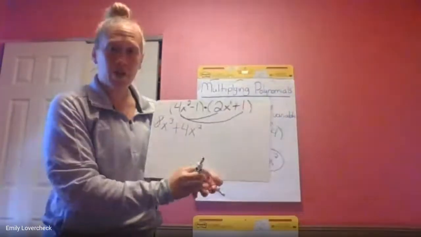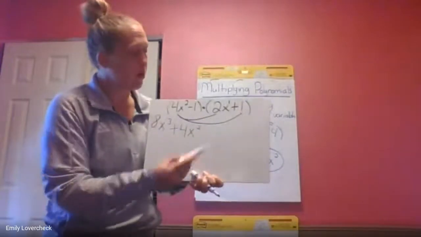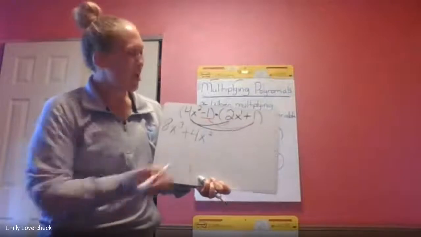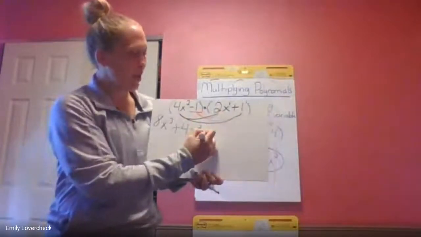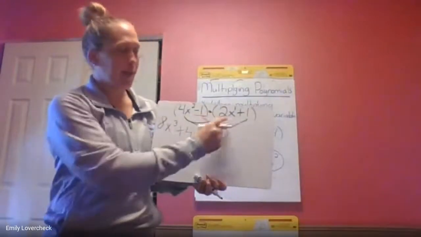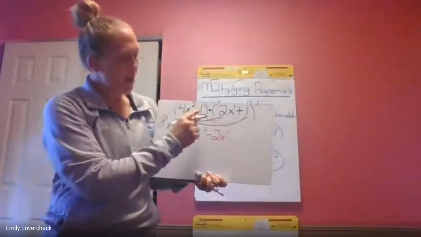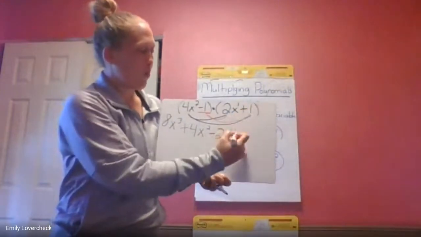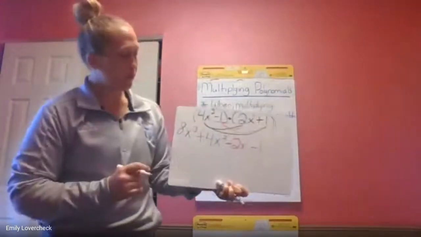Then I've done the first term to both things in the second binomial. So now I'm going to take my negative 1 and distribute as well. So negative 1 times 2 is negative 2x to the first, because this has an x, this doesn't. And then negative 1 times positive 1 is negative 1.